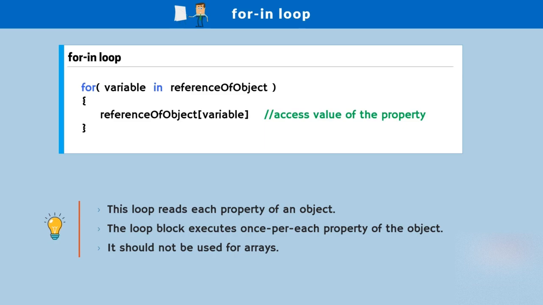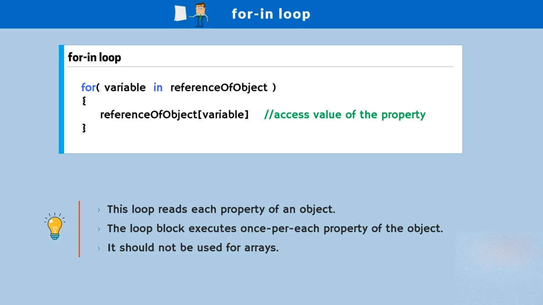So in that case, instead of accessing each property individually and repeating the same code for all the properties manually, you can read all the properties by using this loop, so that you can write exactly the same code for all the properties. But alternatively, in case you want to do different operations for different properties, then this for in loop is not recommended.